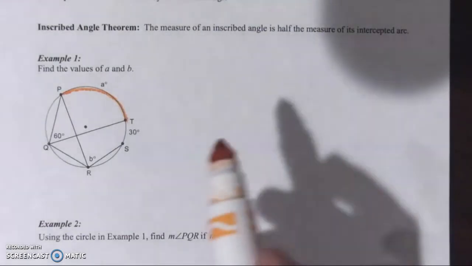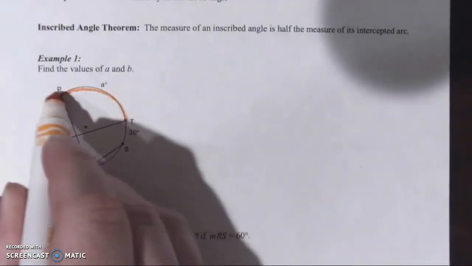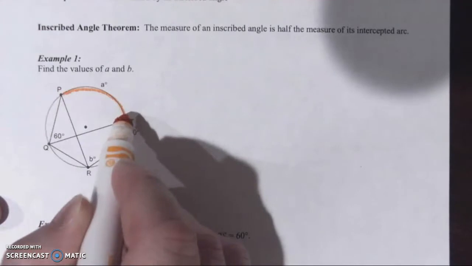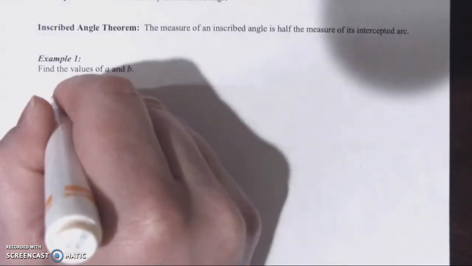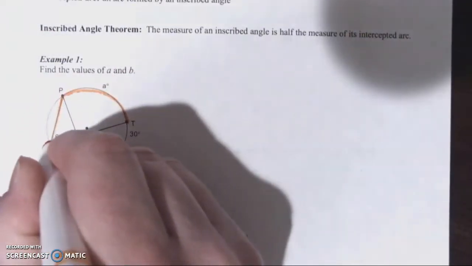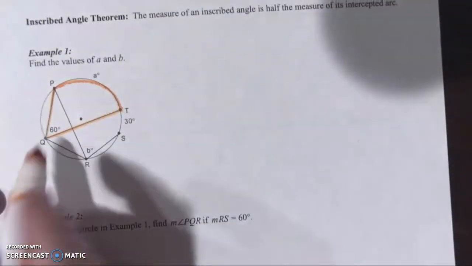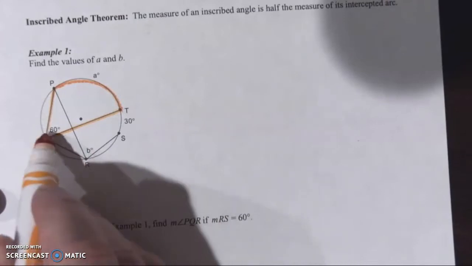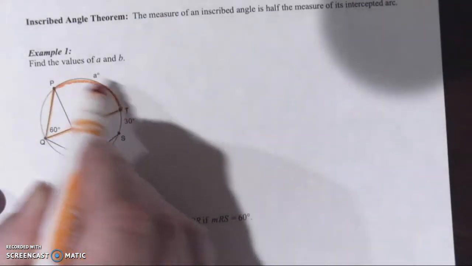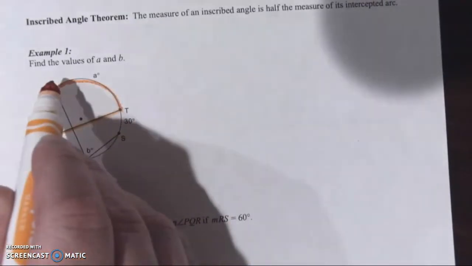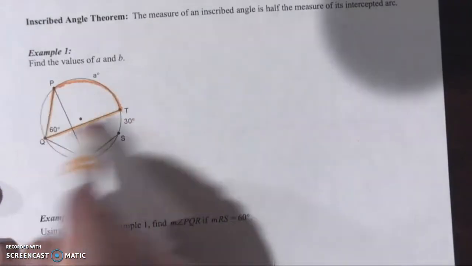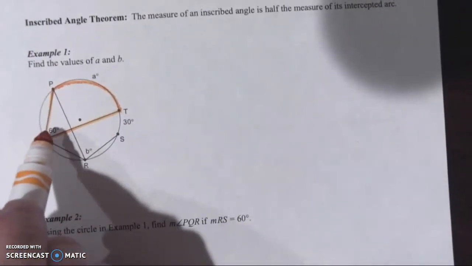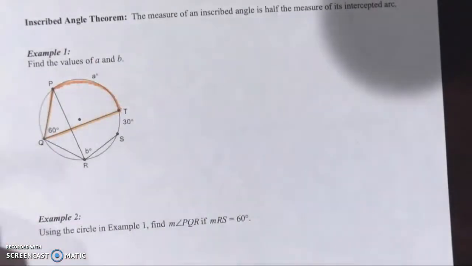All right, now that I've highlighted that, let's take the two endpoints of the arc, and I'm going to follow that chord to easily trace out which inscribed angle of all the angles shown is going with this intercepted arc. Okay, so if you can see, when we trace it out, this 60-degree inscribed angle matches up with this intercepted arc, and now we just use our theorem.